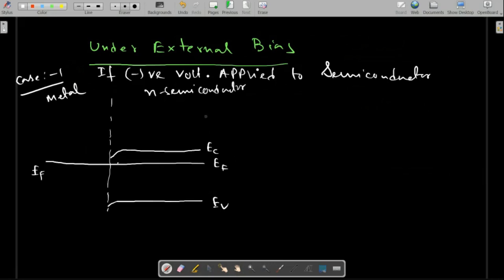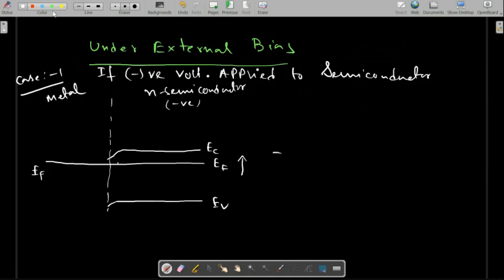If we apply a negative voltage on this side with respect to the metal, what will happen? From the previous concept, when we add negative potential at the semiconductor side, what will happen to this band? The energy of electrons will increase. That means the whole band diagram will shift in the upward direction.